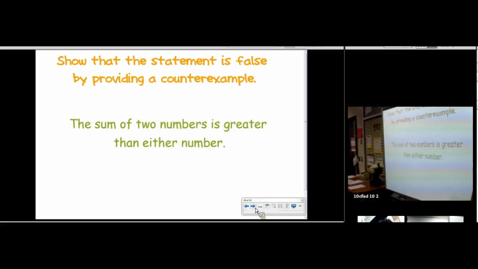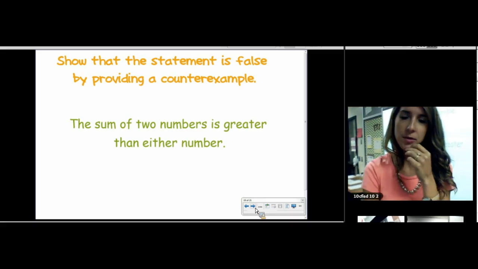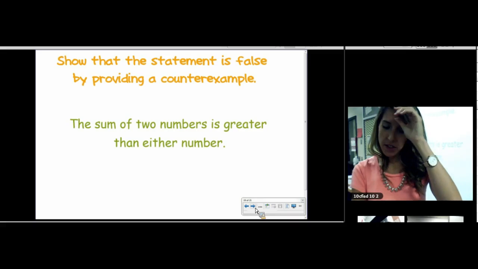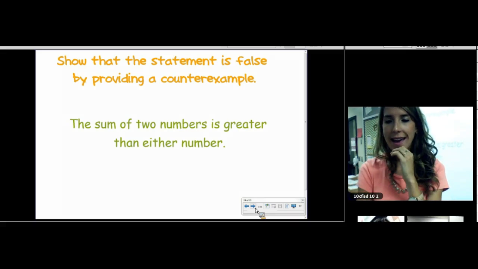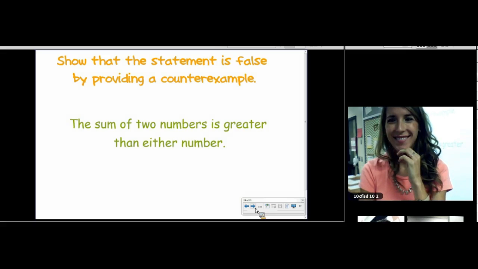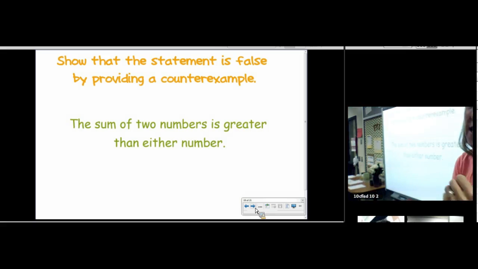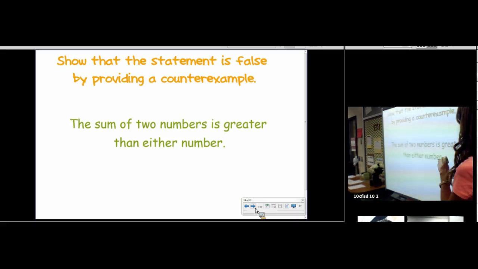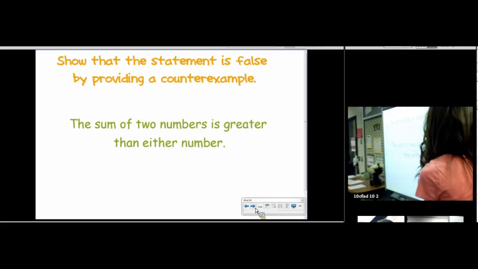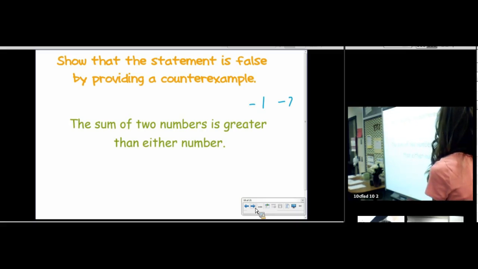The sum of 2 numbers is greater than either number. Provide a counterexample. You're saying when one of them is negative. So you would probably need to give the actual 2 numbers. So I'm going to give 2 numbers, okay? -1 and -7.